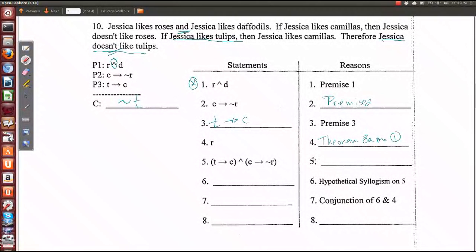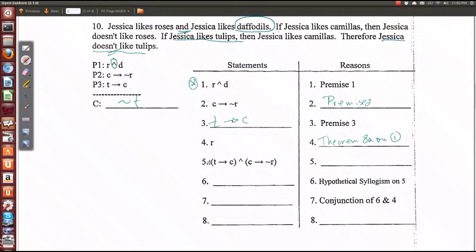One, because there's no space for it in our proof, and 2, D represents Jessica liking daffodils, which never gets mentioned throughout the rest of the proof. This daffodil information is extra information, and it's not going to help us solve our proof.